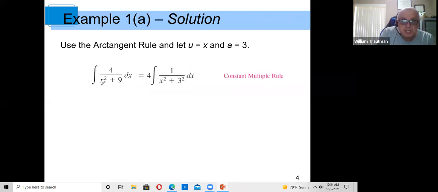If you look at it, you can see this x is normally the u, so u squared, and then this is 3 squared on the bottom. And if you bring the 4 out in front, you end up with a squared plus u squared, or u squared plus a squared. It's the same thing, where a equals 3 and u equals x.